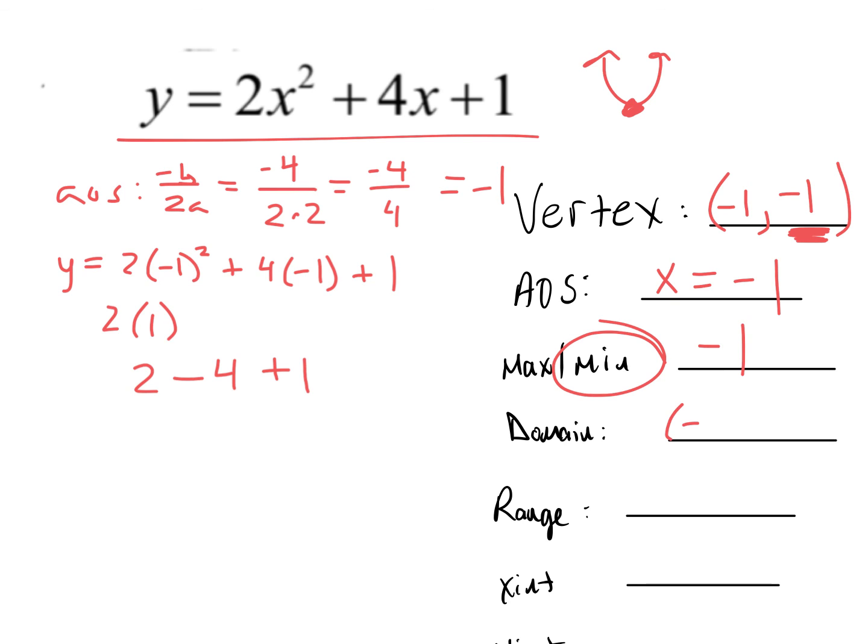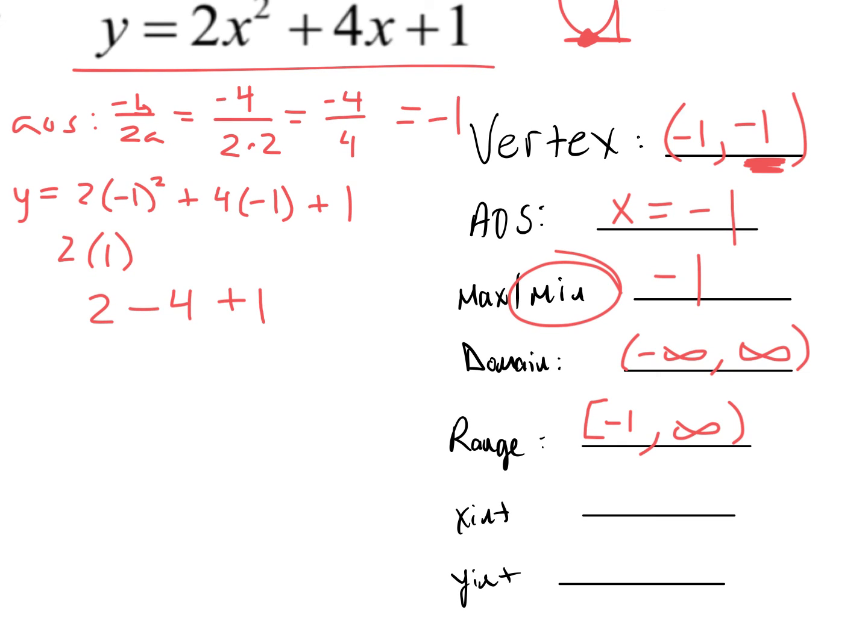All real numbers or -infinity to infinity. Same thing. What's our range? -1 to infinity. Perfect. Our lowest point is at -1, and then we go up to infinity. So you always start with the smallest number in your range and go to the biggest number.